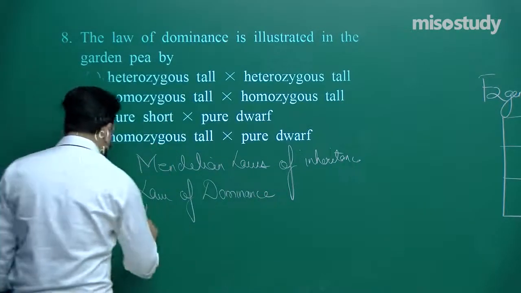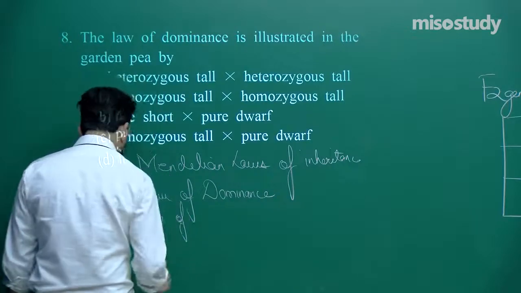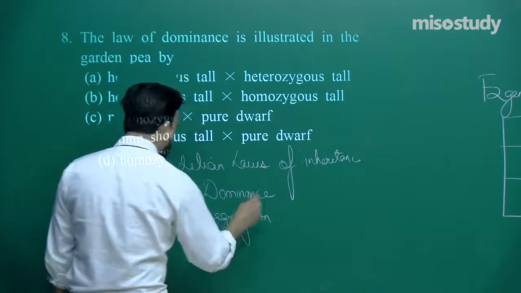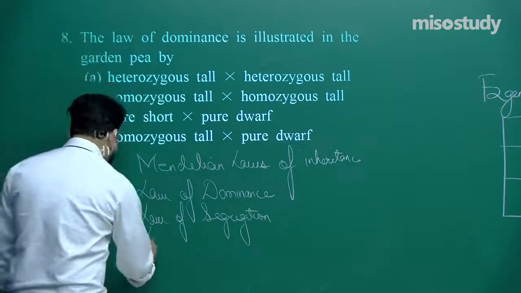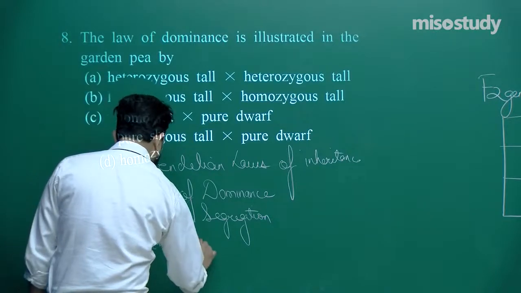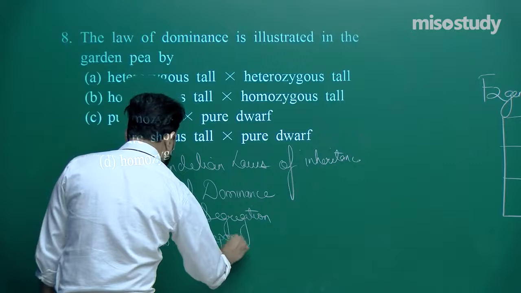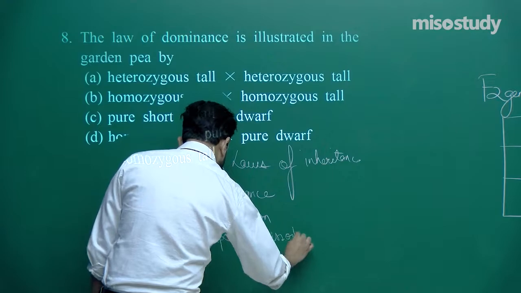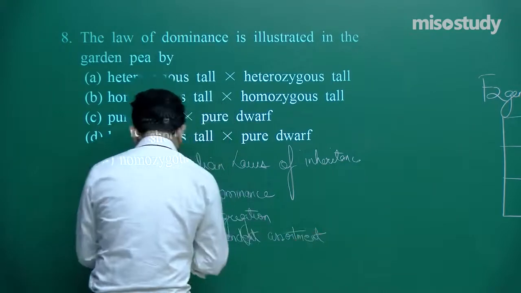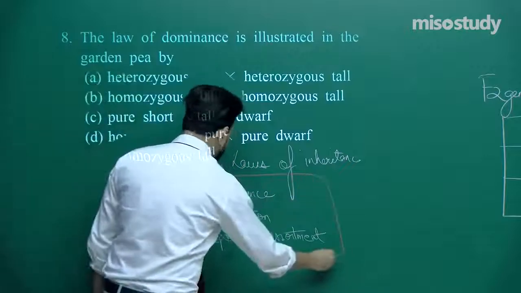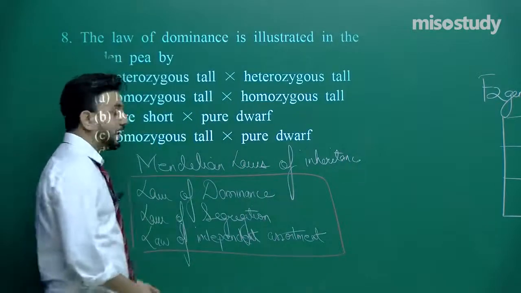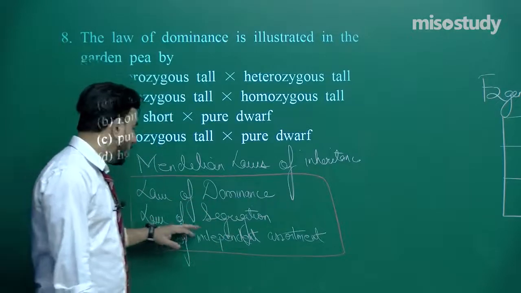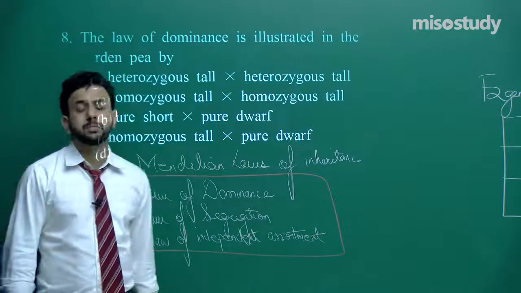After the law of dominance, we have the law of segregation, and then we have the law of independent assortment. So these are the three laws given in Mendel's laws of inheritance: the law of dominance, the law of segregation, and the law of independent assortment.